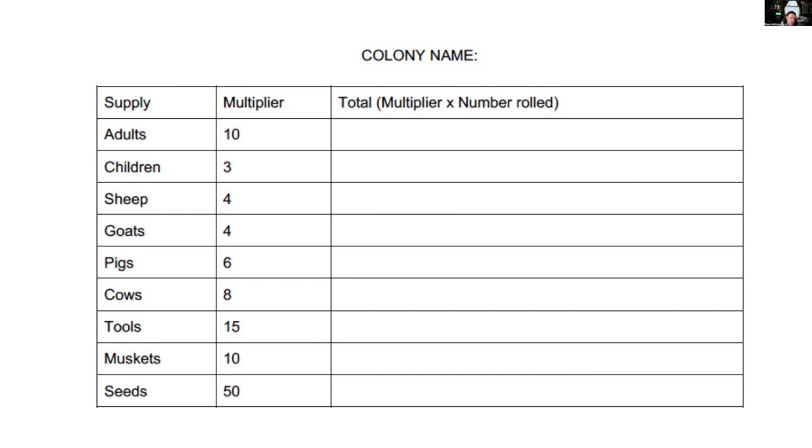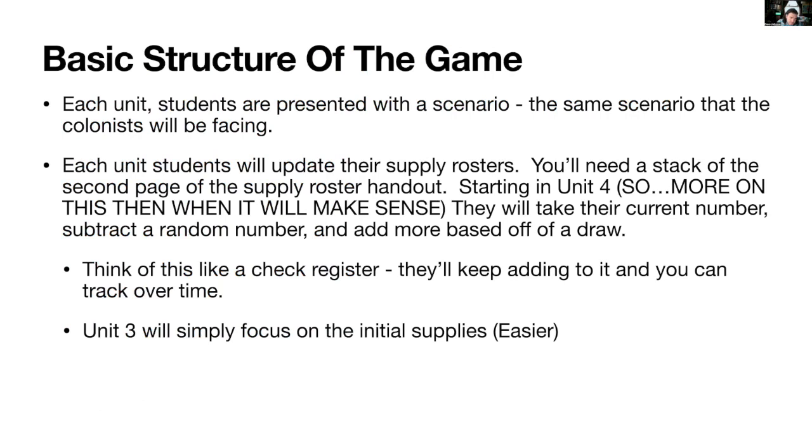Go back to their Unit 2 supply roster, then their Unit 3 supply roster, then their Unit 4 supply roster. They're always going to take their old number, add it to this, and then multiply it by whatever number is rolled on the dice that pop up. More on this in Unit 4. Just know that the page that looks like this in the materials, you are going to print a huge stack of them because we're going to go through them all year.